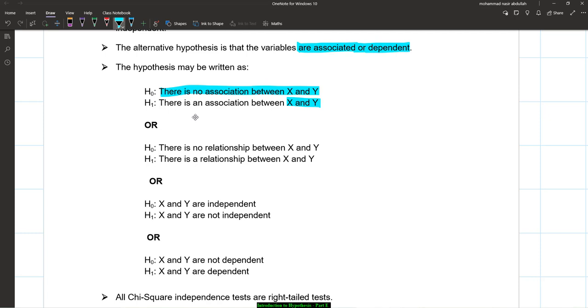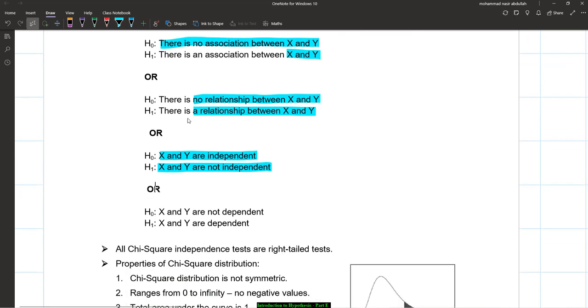Or we can say for the null hypothesis, there is no relationship between x and y. Alternative hypothesis: there is a relationship between x and y. Or another way: x and y are independent for the null hypothesis, and x and y are not independent, which is, they are dependent, in the alternative hypothesis.